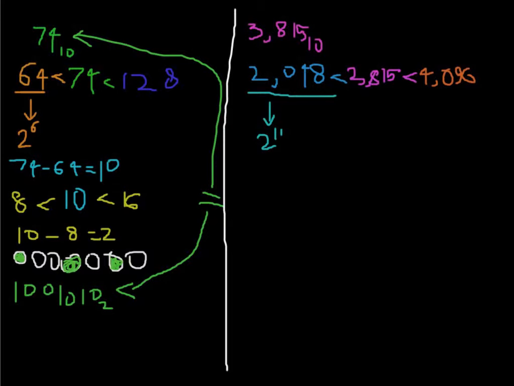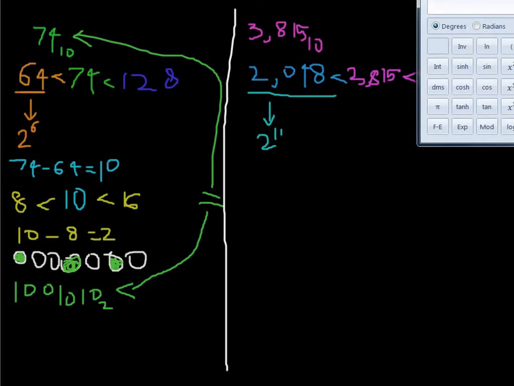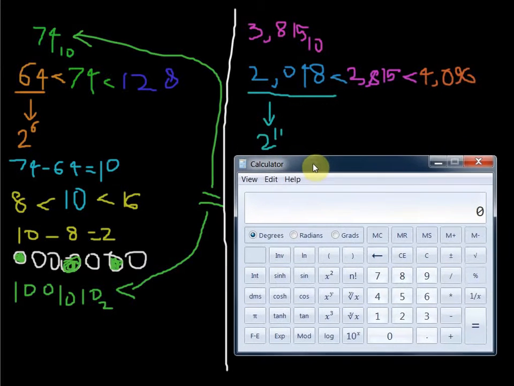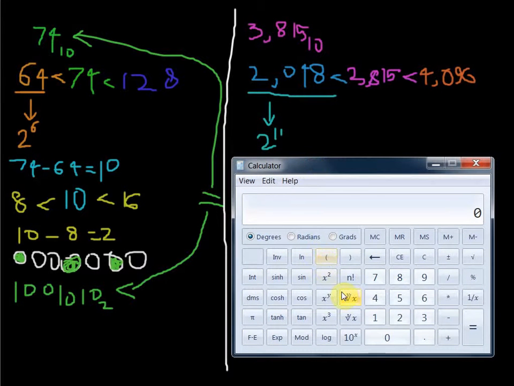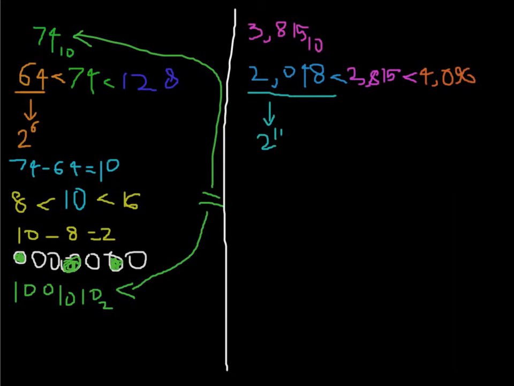Now we find the difference. 2,815 minus 2,048 is 767.